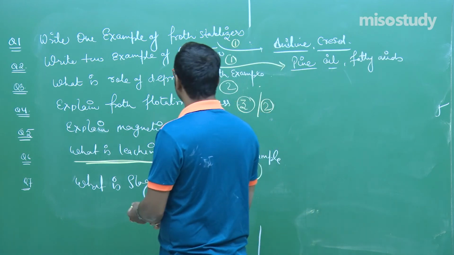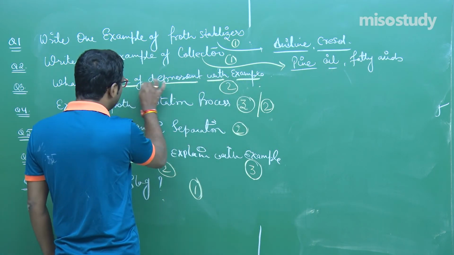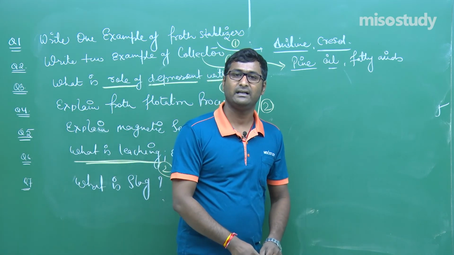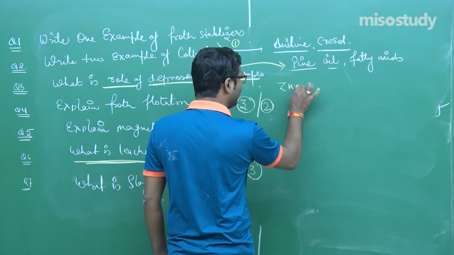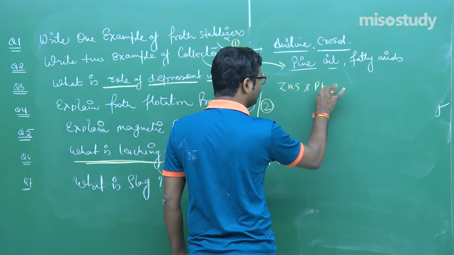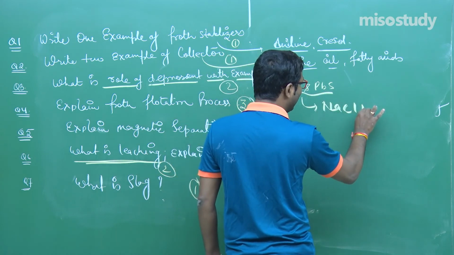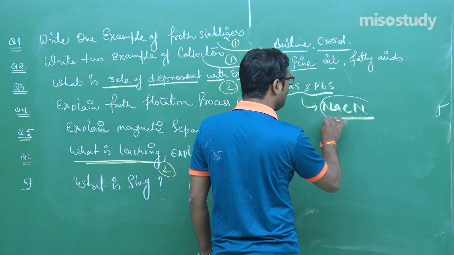Clear? Now the question is, what is the role of depressant? As we know, the depressant separates the different types of sulfides. For example, to separate ZnS and PbS, what do we use? We use NaCN as depressant, my friend. And what does NaCN do?